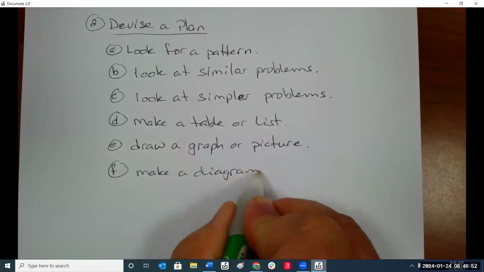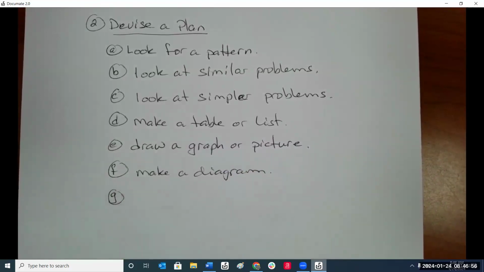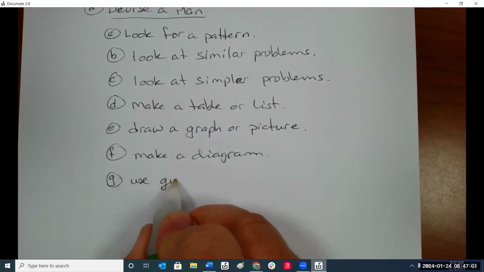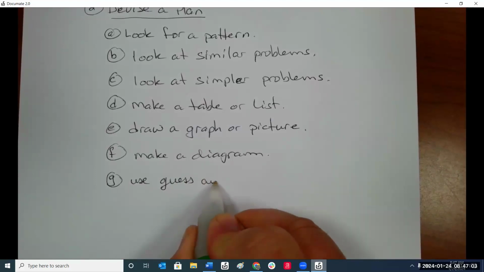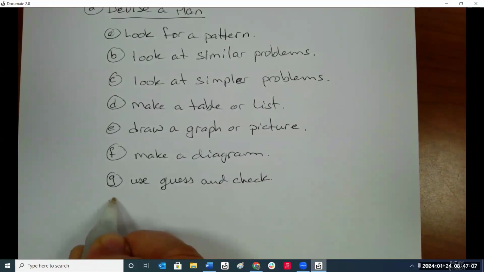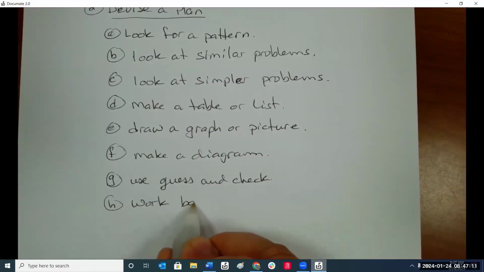Make a diagram. Use guess and check. Work backwards.